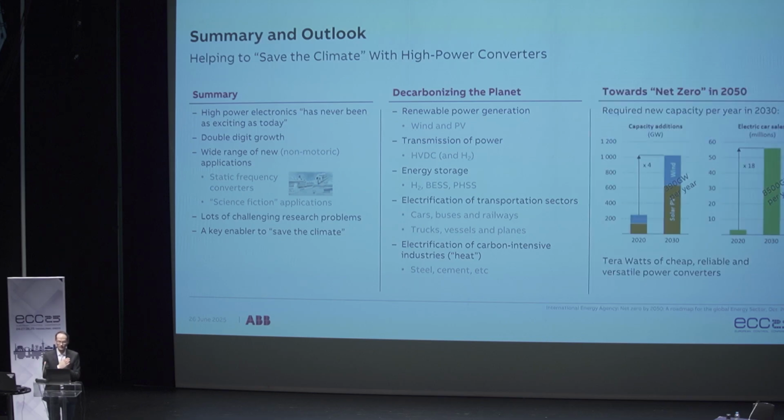And if you want to achieve this net zero by 2050, you have staggering numbers of power converters you need every year towards that goal. So you're talking of hundreds of gigawatts, if not terawatts, to achieve that. So it's becoming a huge business, and here control can help to increase the efficiency of the converters and to make best use of them.